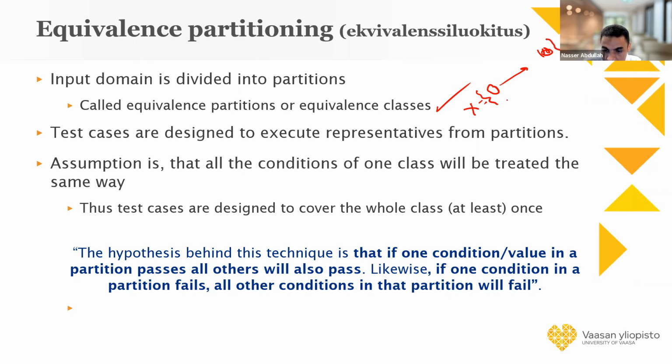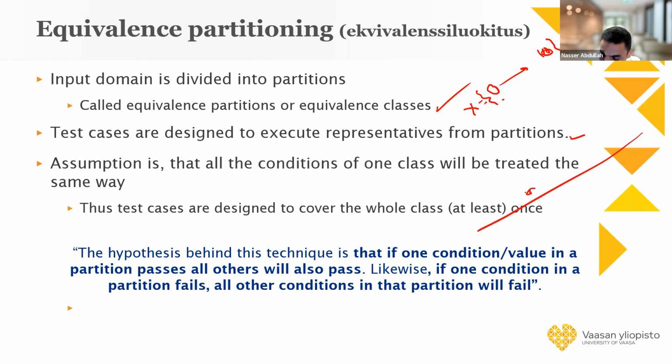Here we can divide these test cases, which is the space, or the range, of these variables. So we divide this into valid and invalid classes or partitions. Then we test our application based on that. So the first point is that we divide. The second one is that the test cases are designed to execute a representative. So now we will select one.